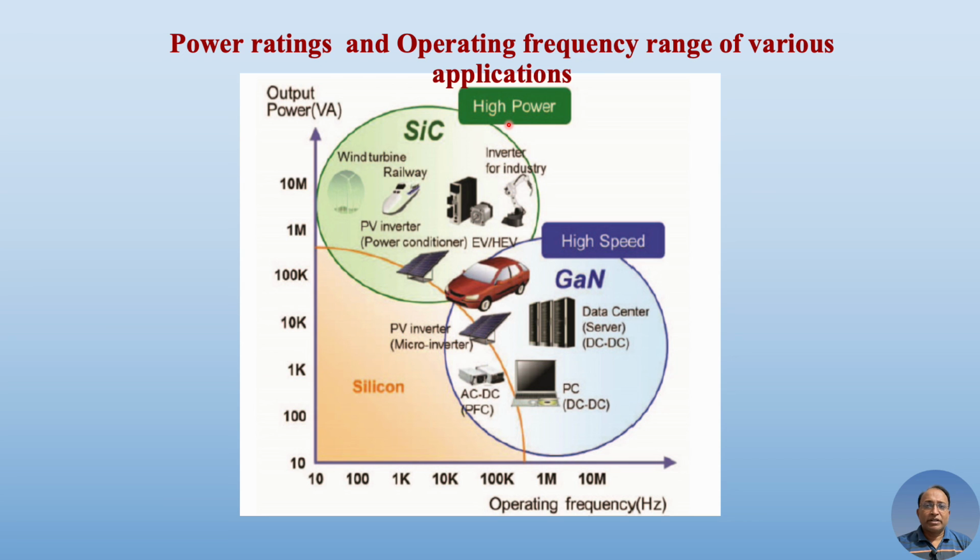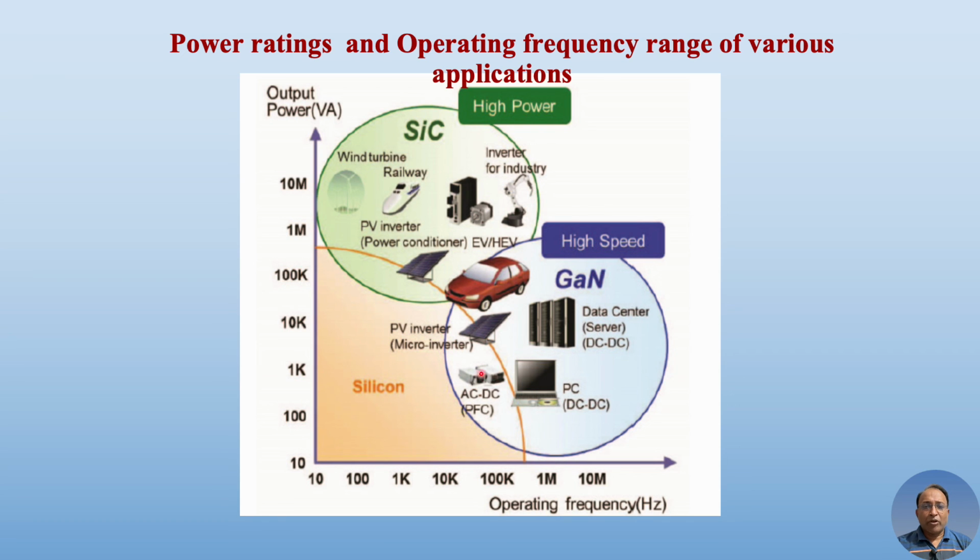And lastly, we observe on the bottom right side gallium nitride, mainly known for the medium and lower power rating, and this kind of rating we observe in the power supplies for PCs or laptops.